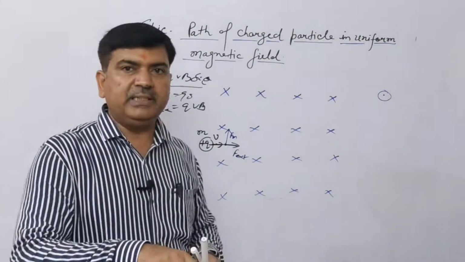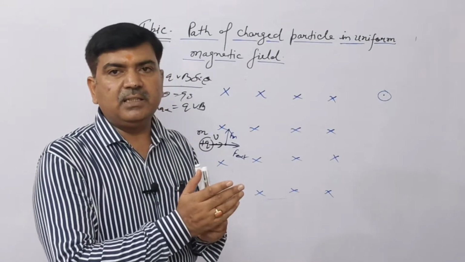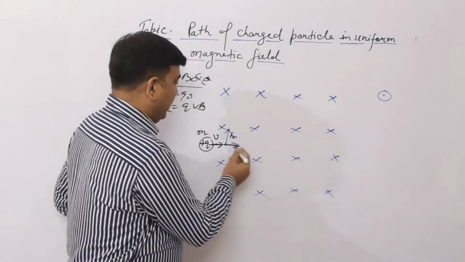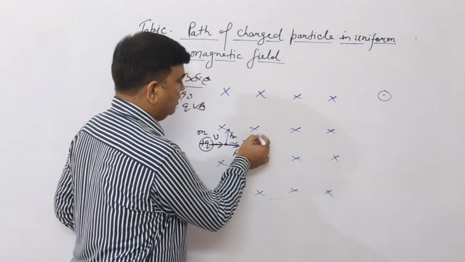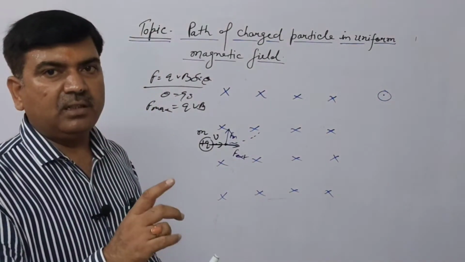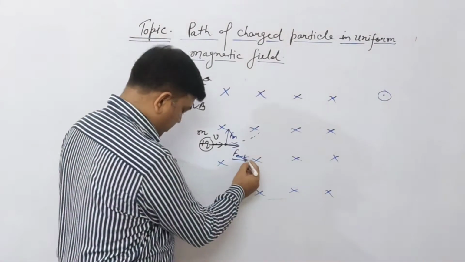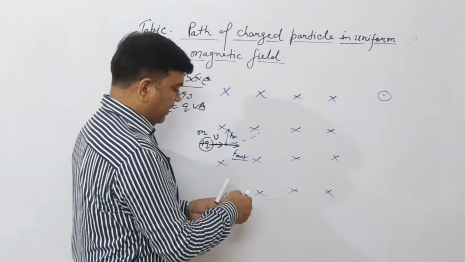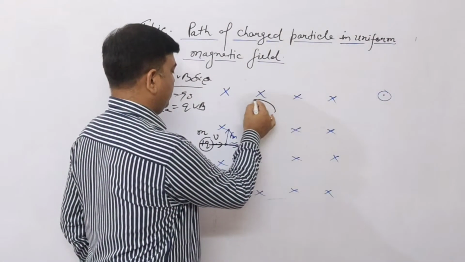If both forces are equal in magnitude, then the resultant path lies between the two forces. And according to this, the charged particle now starts its motion in a circular path, a curved path, due to the resultant of the external force and the magnetic force.